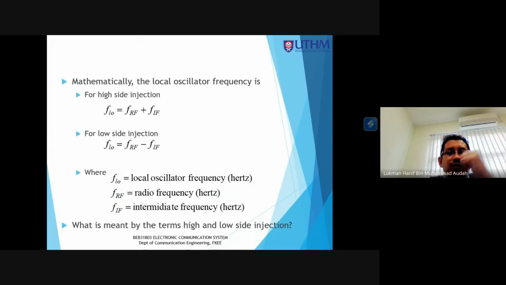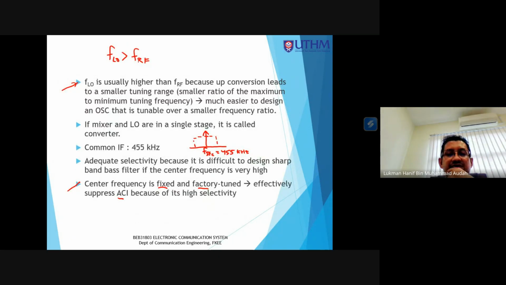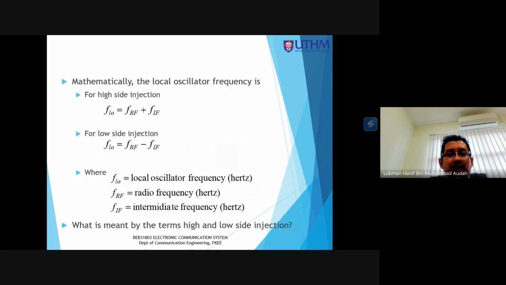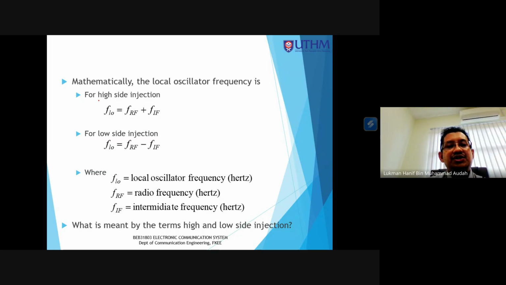We are still in the mixer converter section. The explanation about whether F LO is larger or lower than F RF is shown here. If we use high side injection, it means F local oscillator is larger than the input radio frequency.